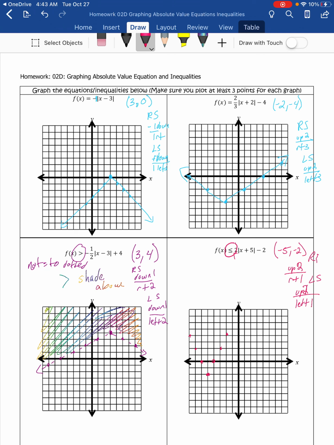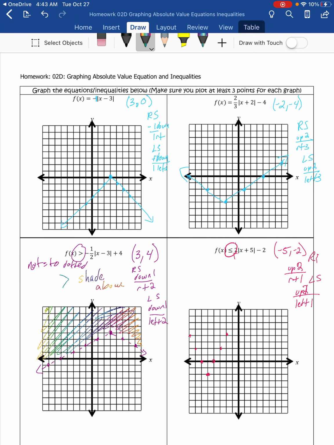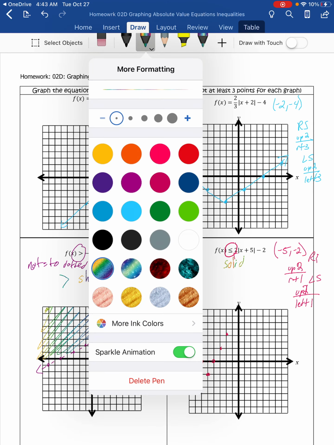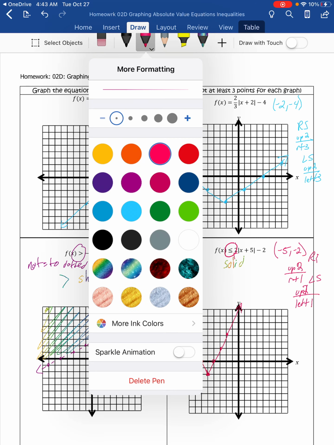I look at my inequality symbol here. It's or equal to, so it's going to be solid. So I have this nice solid line here, and my nice solid line here.